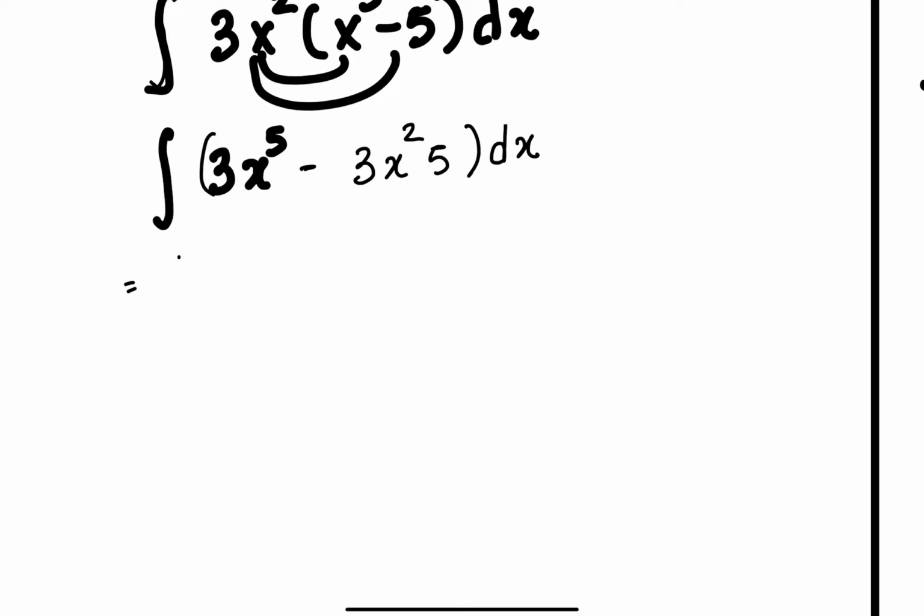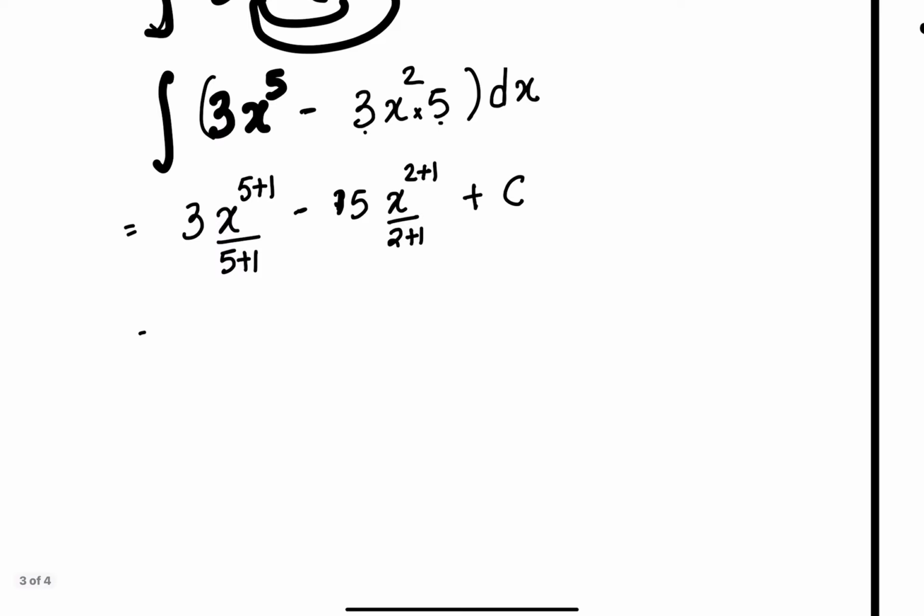So this is going to be 3 times the integral of x to the power 5, which is x^(5+1) over 5+1, minus 3 times 5, which is 15, times the integral of x squared, which is x^(2+1) over 2+1, plus c.